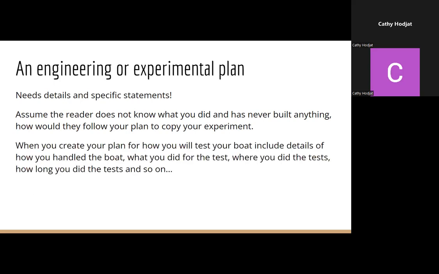When you create your plan for how you will test your boats, include details of how you handled the boat, if I turned the boat this way, what you did for the test, where you did the tests, and how long you did the tests, and so on. Just really want to document everything that you're doing. And this plan is frequently called a procedure for your methods.